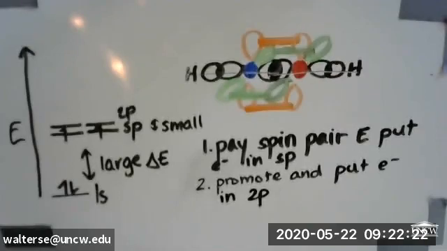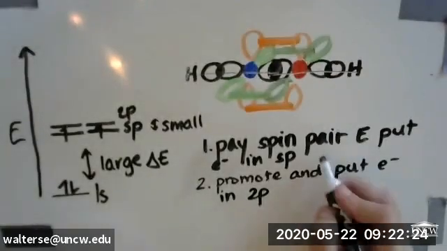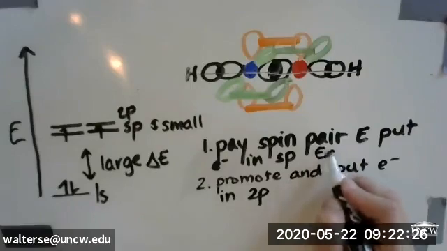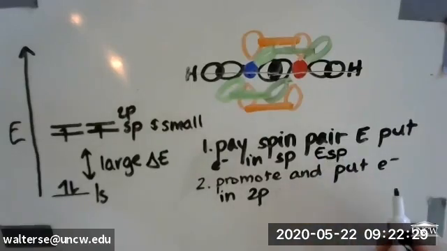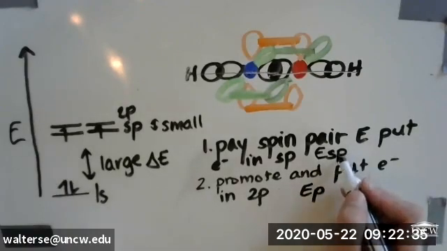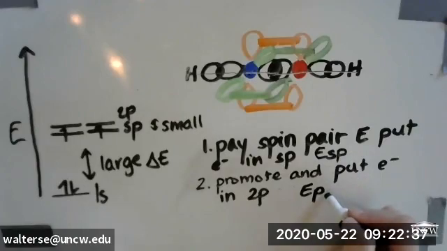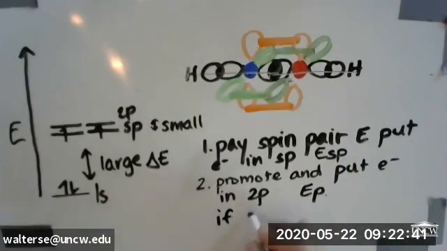We're going to say that this energy is spin pair, ESP, and this is going to be EP, the energy required to spin pair or the energy required to promote. If the energy to spin pair is greater than the energy to promote, the cheapest option is to promote.